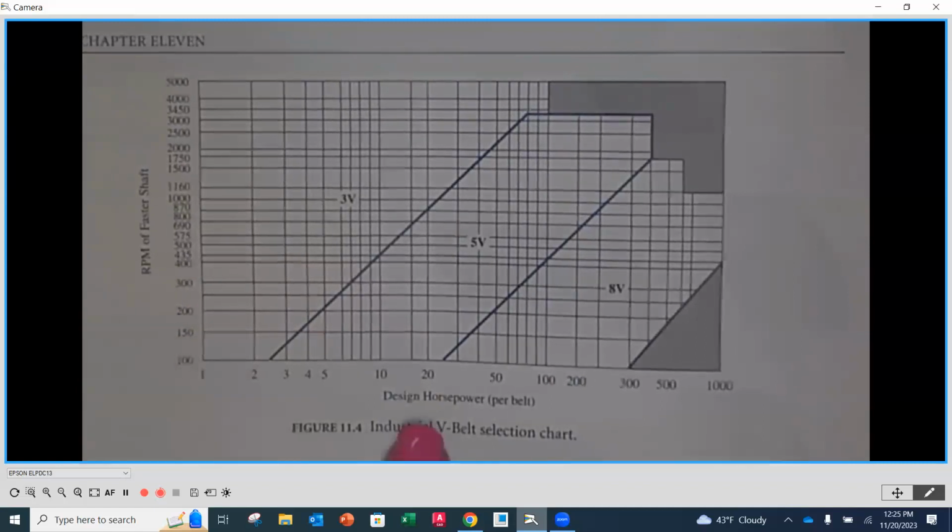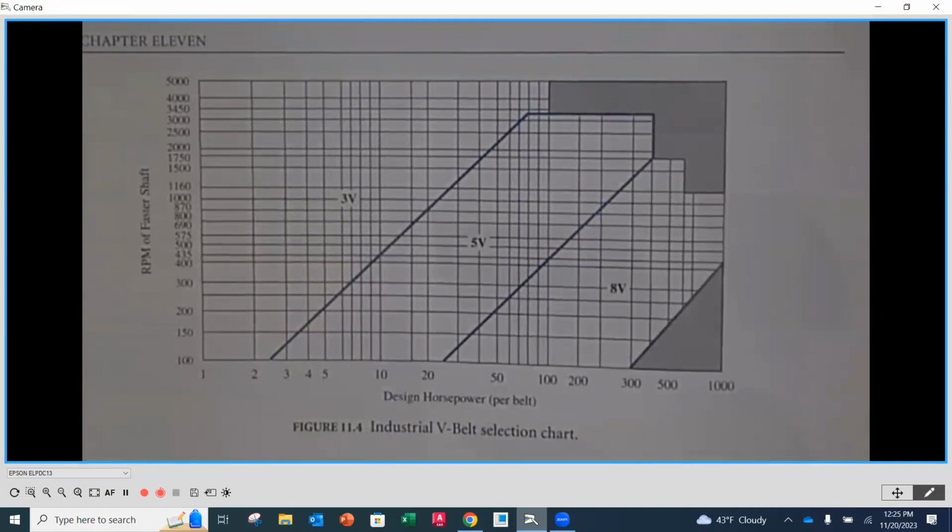So this is going to be of the faster shaft, or from the driver. All right, now when they talk design horsepower, and this is in kinematics, you have to remember, we go back to the very beginning of kinematics. We're not interested in so much what are the forces that are present. But when we talk design horsepower, we are going to be taking into consideration the volatility of the actual operation.